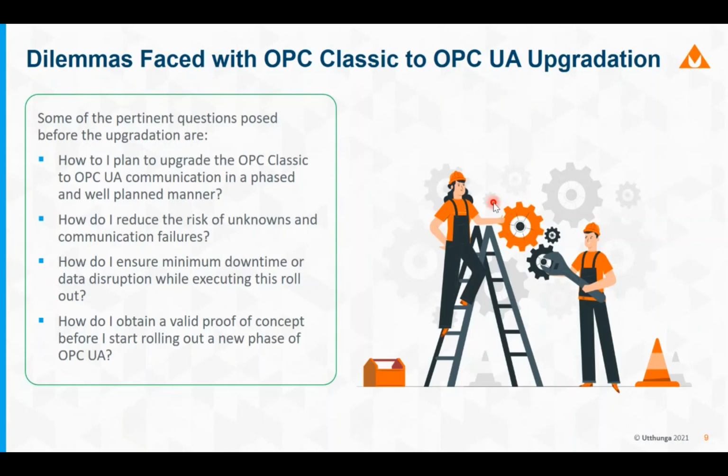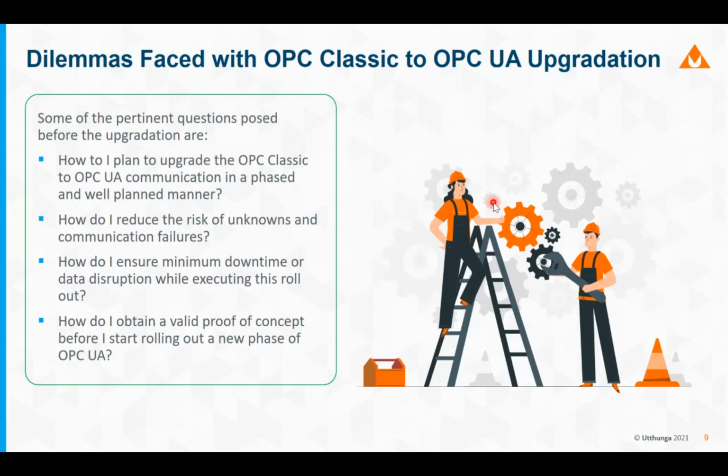Because with these questions unanswered, you do not know how much downtime you're looking at, how much data you're going to lose, right? Anybody who's coming from a plant environment or plant industry will know, if you don't have this data, you will just not get the approval to go ahead and do the rollout, because you are just walking into the unknown, and you can't just do that with such highly critical machinery.